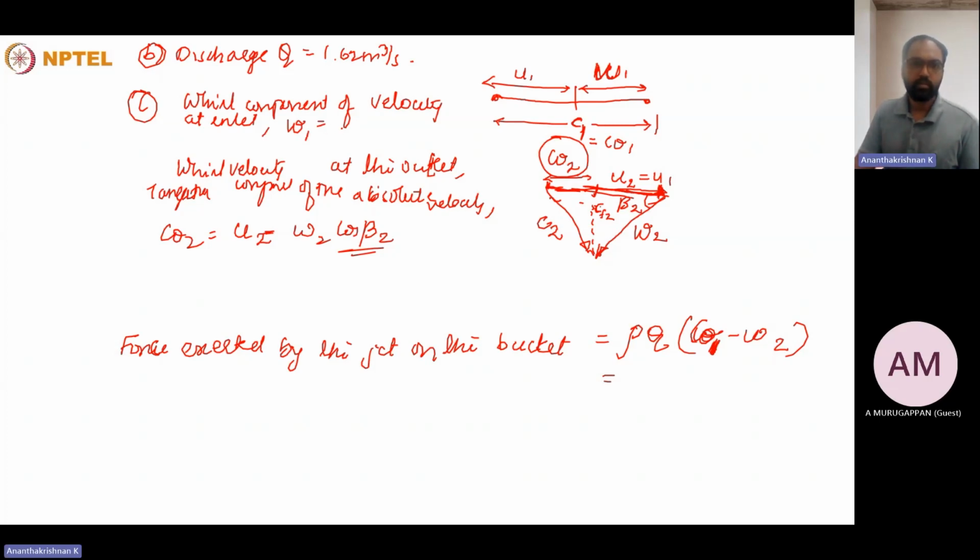C theta 1 is the same as C1. That is the velocity with which the jet impinges on the blade or bucket. So this is actually rho Q into C theta 1 minus C theta 2. We need to calculate these two values. First of all, we can calculate the C1 value.